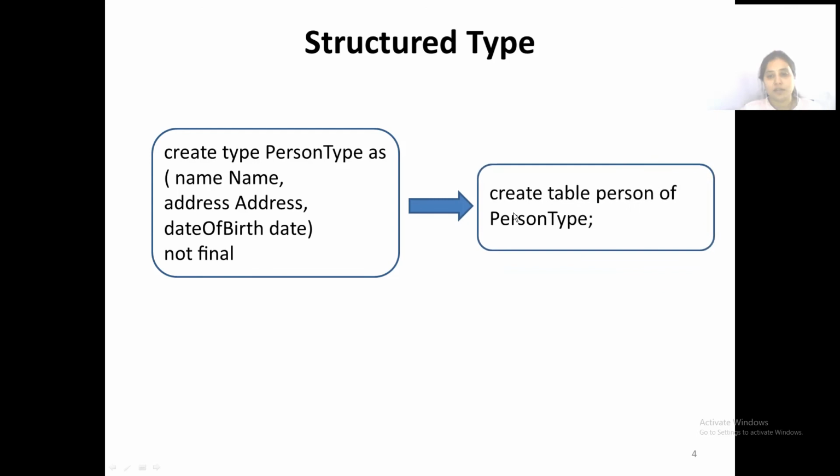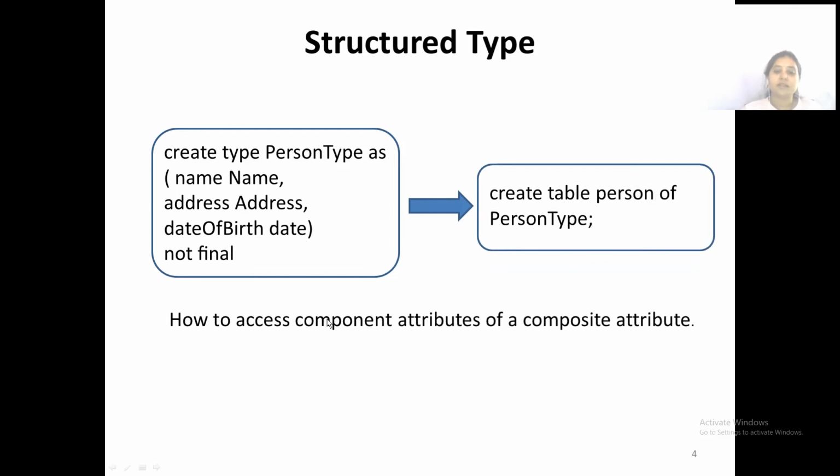The components of this person type are name, whose data type is a complex type, address, whose data type is the complex type address, and date of birth. It forms the rows of a particular table. So you can create a table whose rows are of type person type like this. Create table person of person type.